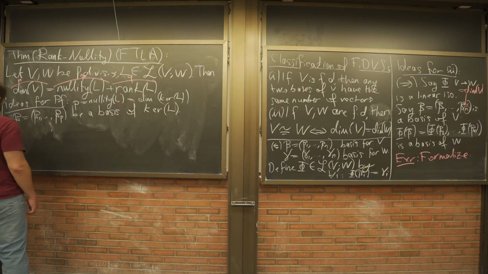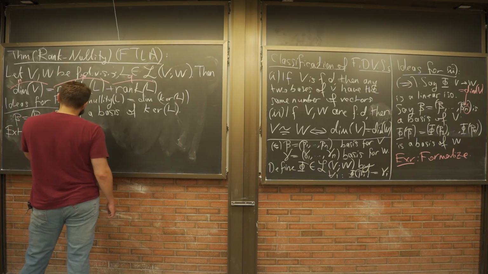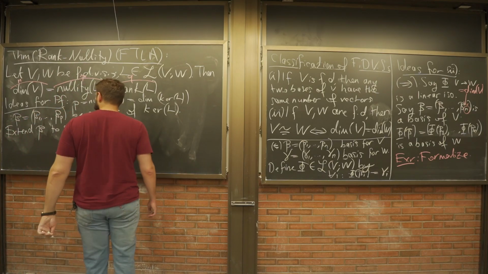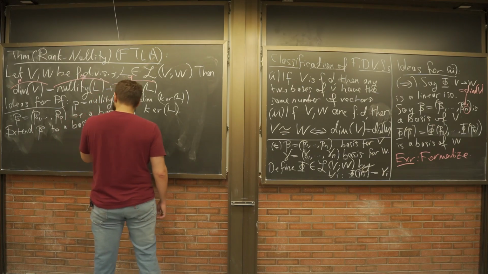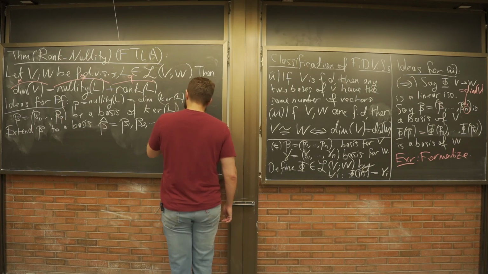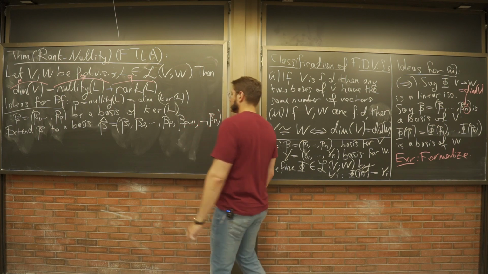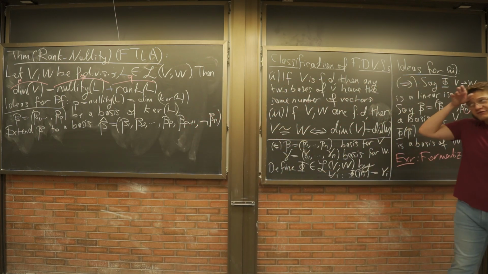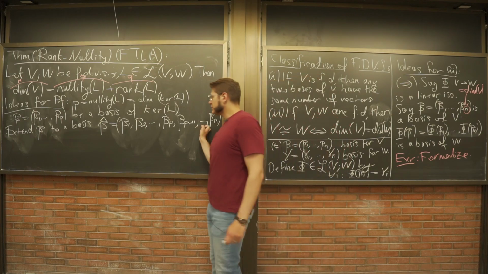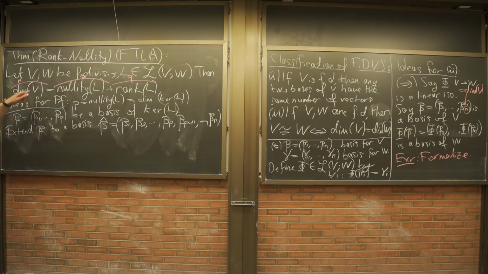Extend beta to a basis, let's say beta hat. I added n minus p, that is to say, q more vectors in such a way that, again, this tuple is linearly independent, and now they span the whole V. We call that the null space, the kernel of a linear transformation, is a subspace of V.